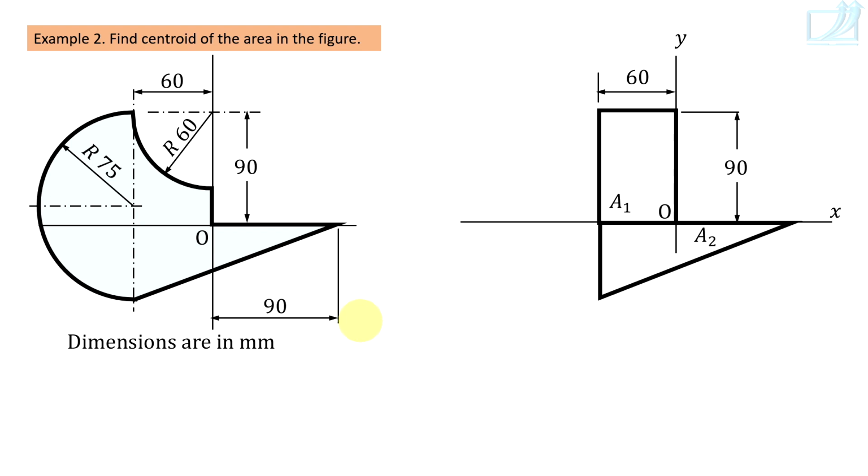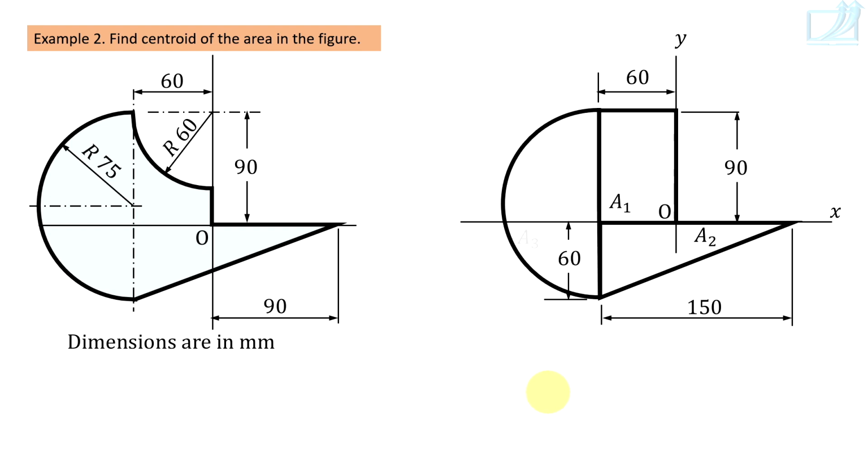So what is the height of the right angle triangle? You will be able to tell me. Check here. Diameter of the semicircle is 150 minus 90. So height of the right angle triangle is 60. So these are the dimensions for the right angle triangle. Immediately insert dimensions of the corresponding area.